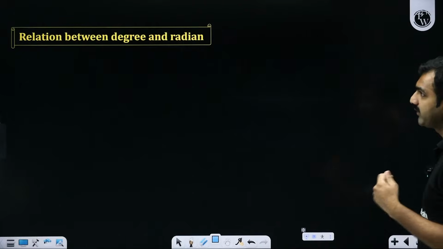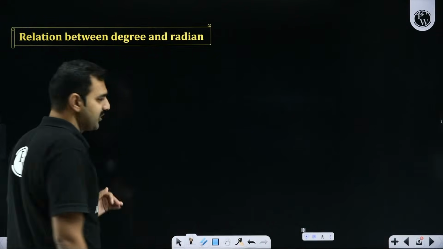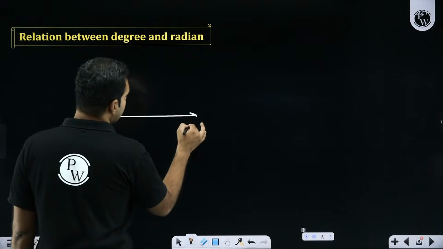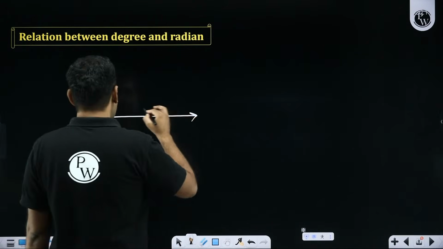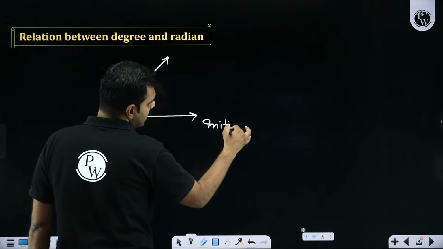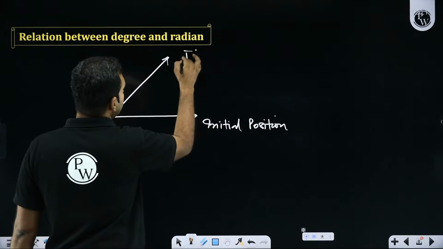Okay, sir, then what does it mean? Here in 11th, first of all, one very interesting thing gets introduced, that let's say you have an initial side. This is the initial line, initial position we can call it. And then there is this final position.